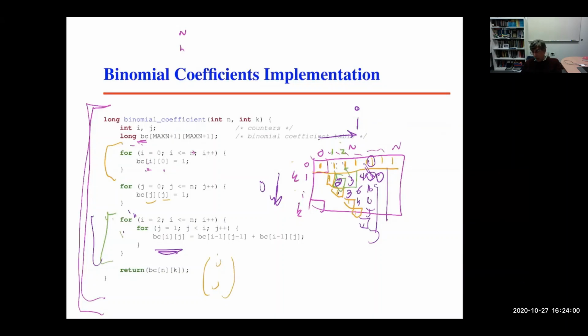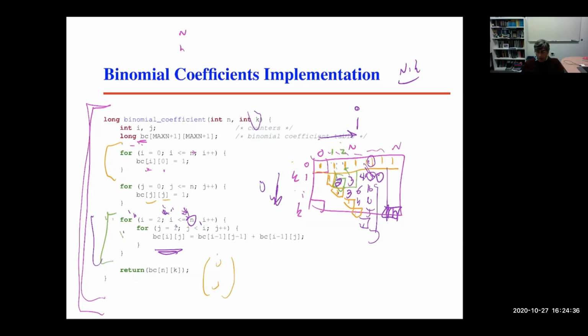I claim that in order to compute n choose k, I've got to fill up n times k cells. Actually, to run this thing, if I have n and k, I am going to run this thing through and fill up the whole thing. This is going to fill in n times k or n times n cells.